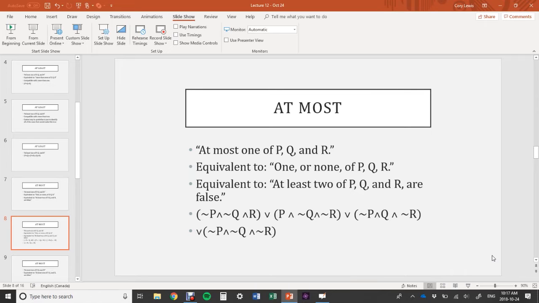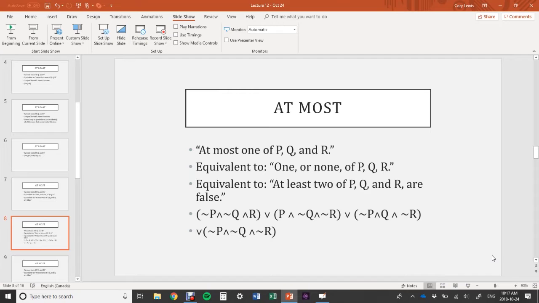The sentence "at most one of P, Q, and R are true" doesn't have the same structure as this big weird thing, right? So you're not capturing the grammar of the sentence in your symbolizations. What you're capturing is the truth value of the sentence. And this has the same truth value as the first thing I put up and as "at most one of P, Q, and R."